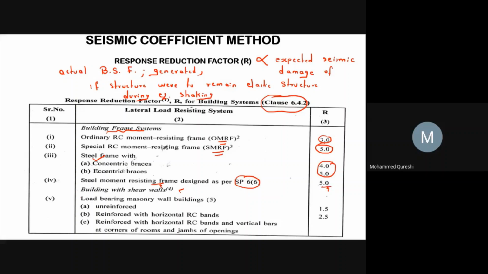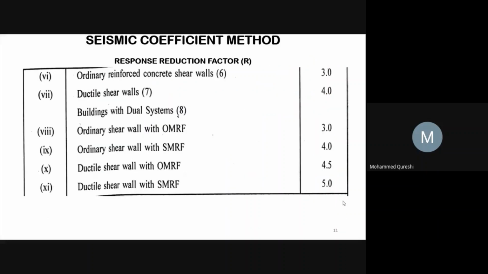And for load bearing masonry buildings, whether it is unreinforced, reinforced, or reinforced with vertical bars at corners, its value will be 1.5 and 2.5. And for ordinary reinforced concrete shear wall, the value is 3. And for ductile shear wall or building with dual system, the value should be 4.